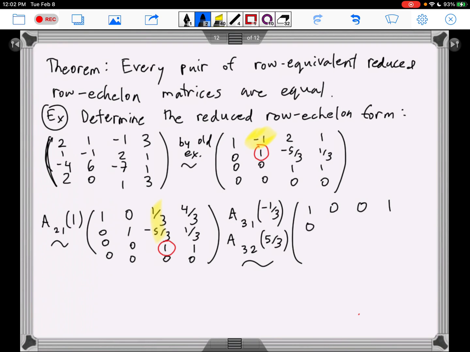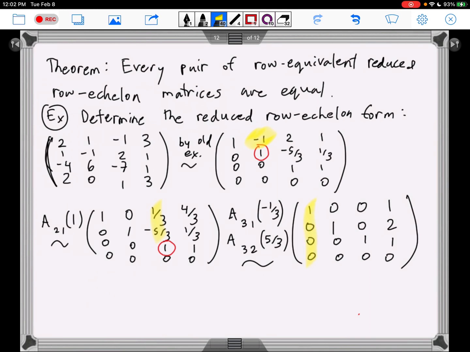And what about this next guy? This is a 0, that's a 1. So 5/3 times 1 plus negative 5/3 is a 0. And then 5/3 times 1 is 5/3 plus 1/3 is a 2. Third row stays the same, and the last row also stays the same.